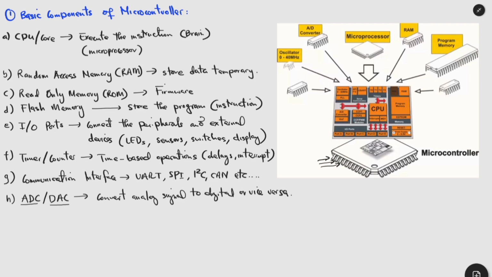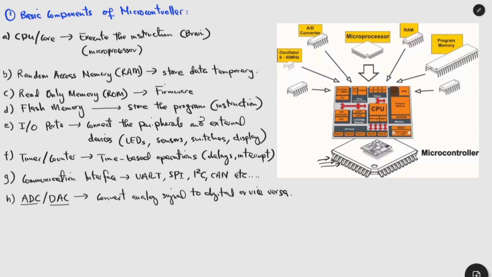Those are the main or the basic components of a microcontroller. To fully understand a microcontroller, it is important that you know all these basic components. All of these components are very handy when dealing with a specific task. And without prior knowledge of all these components, it will become quite difficult to analyze the overall function and the ability of a microcontroller to perform a specific task.